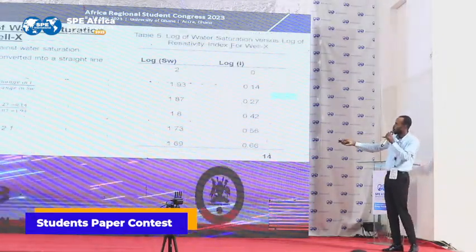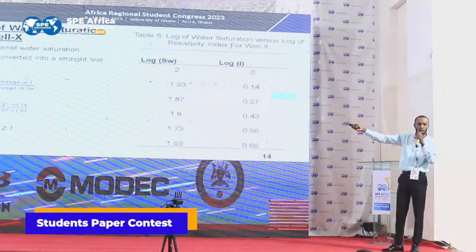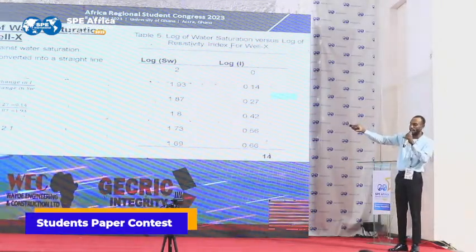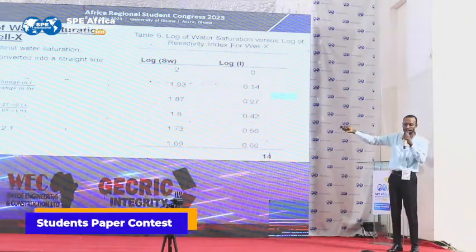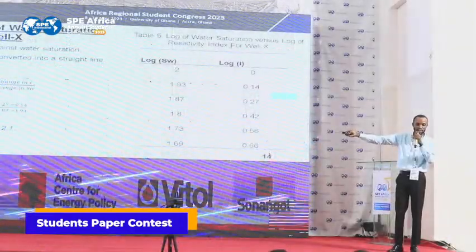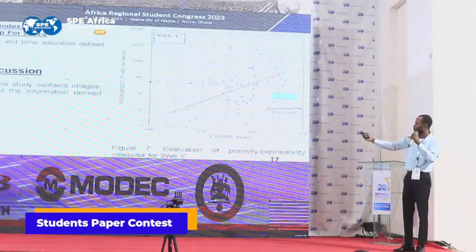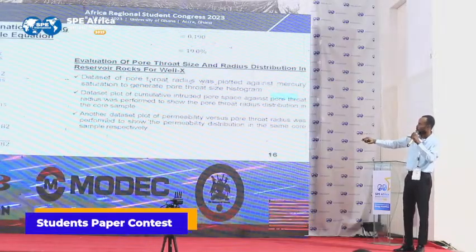So here I computed the log of my water saturation and the log of the resistivity index, and then ran the computation, so that I could plot it on a linear graph. I deduced my saturation exponent by converting Archie's equation to a line equation and finding the slope, which is n, equal to 2.1.